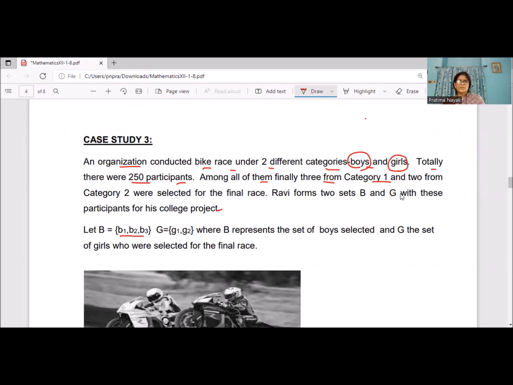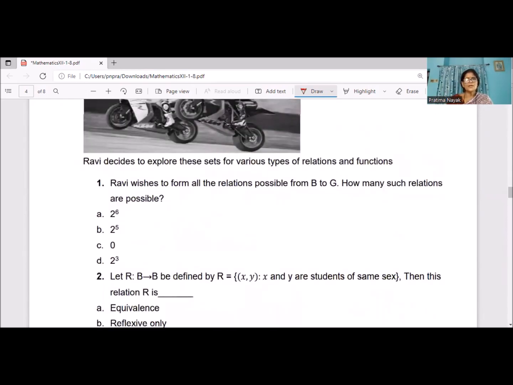Let B be the set B1, B2, B3, boy 1, boy 2, boy 3. G is the set G1, G2, where B represents the set of selected boys and G represents the set of selected girls for the final race. Now, Ravi decides to explore these sets for various types of relations and functions.